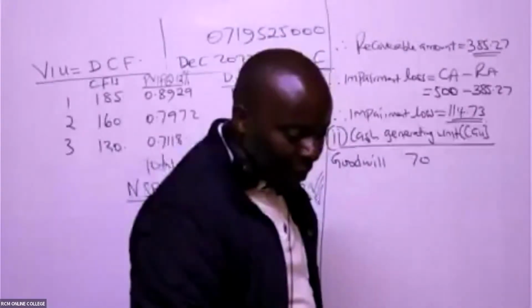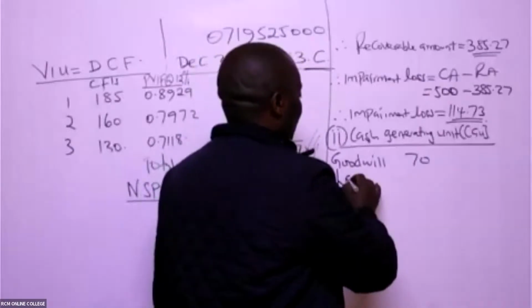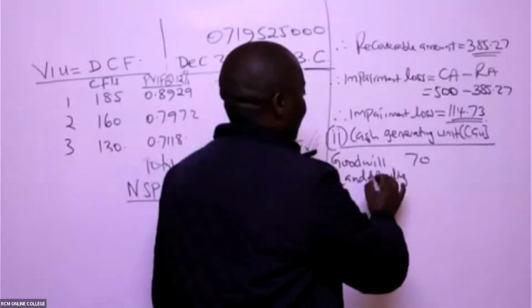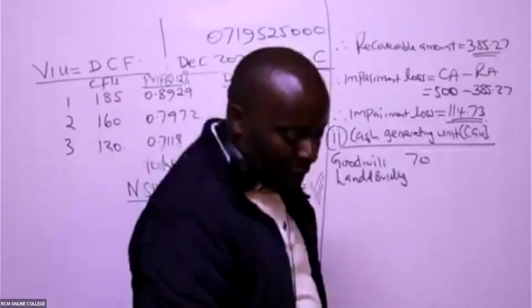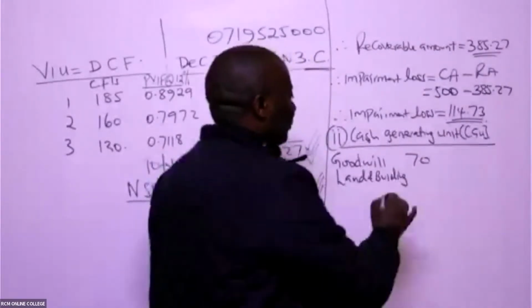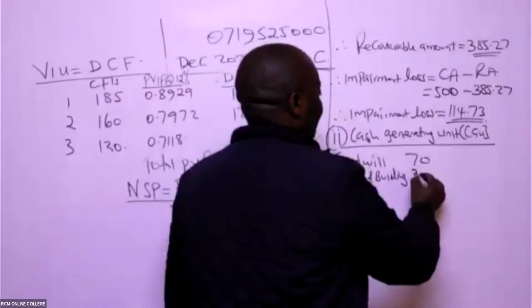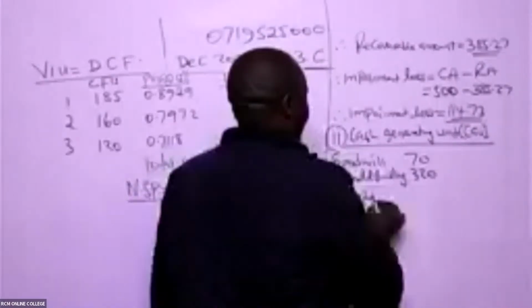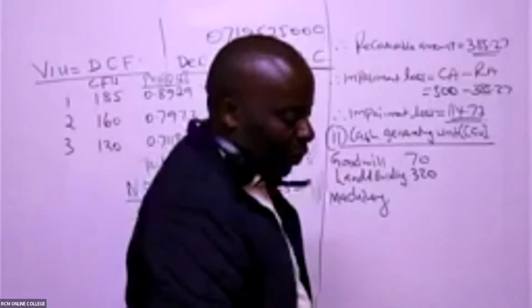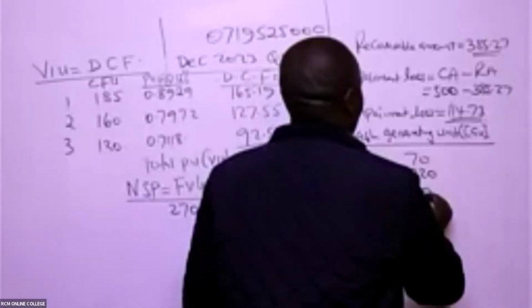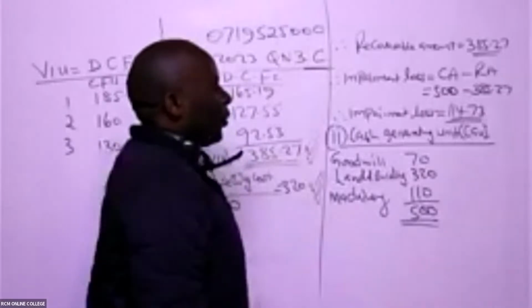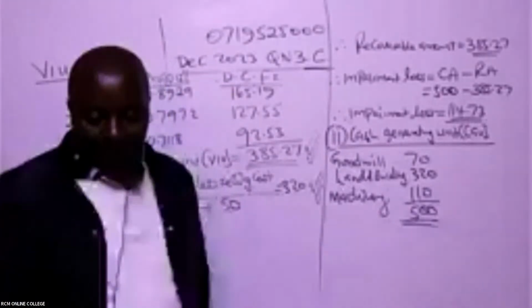And then we have land and buildings, 320. And then we have machinery. From the carrying amount, machinery is 110, which in this case gives us 500.